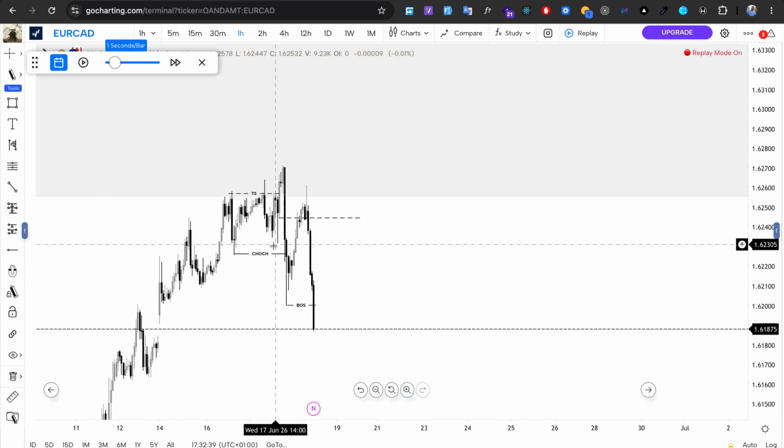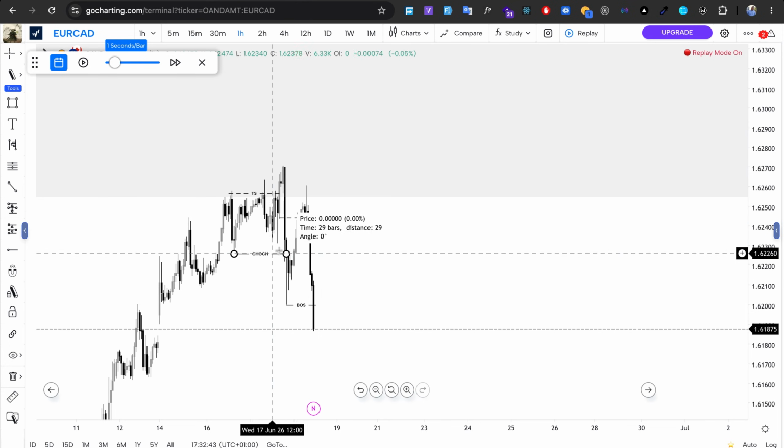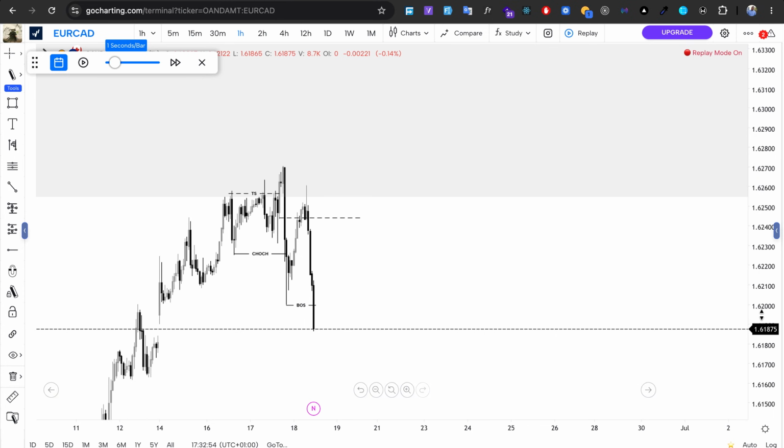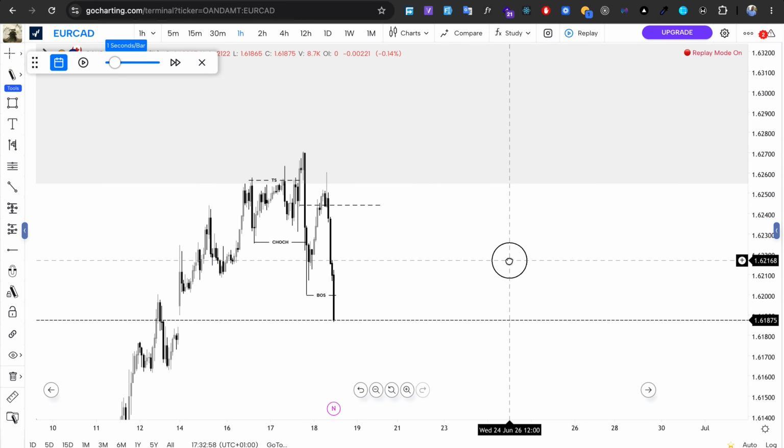Then that change of character has been confirmed by a break of structure. And when there is a break of structure, what that means is that a change of structure suggests lower prices, right? So let's see our price.